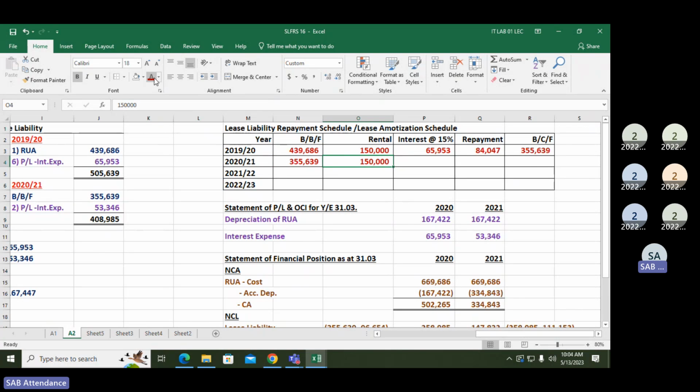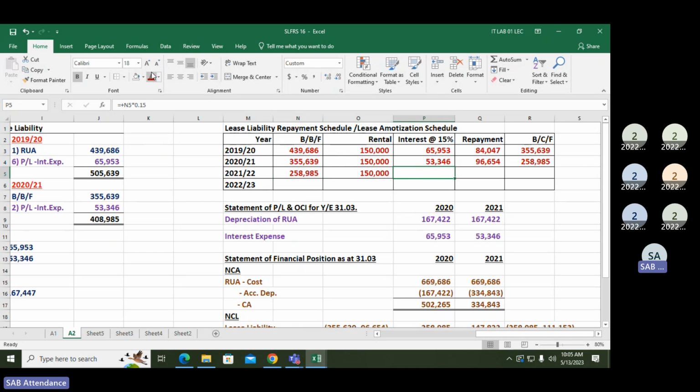Rental won't change, 150. Interest, this balance into 15%. So repayment is 150 minus interest. Opening balance minus repayment, you will get the closing balance. Second year closing balance becomes third year opening balance. Lease rental 150 won't change.